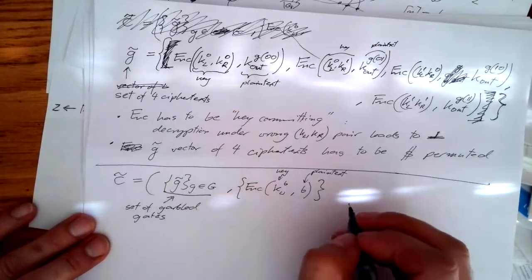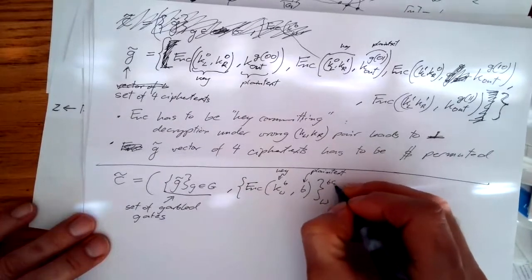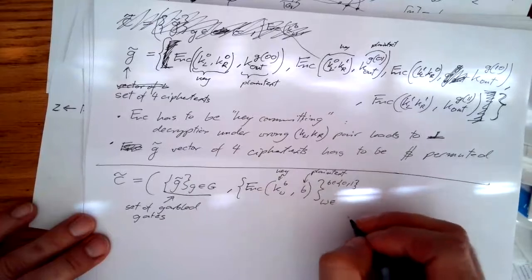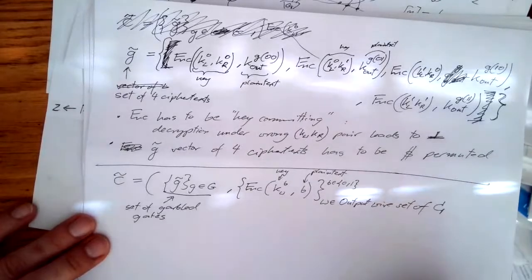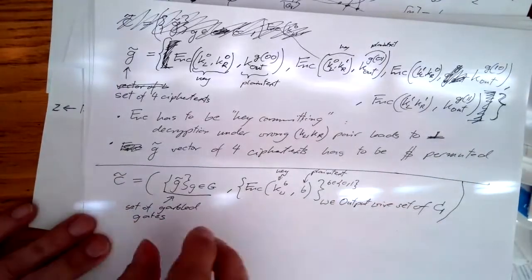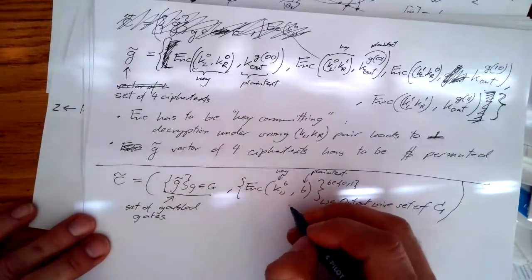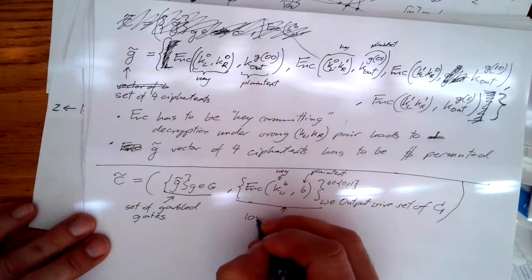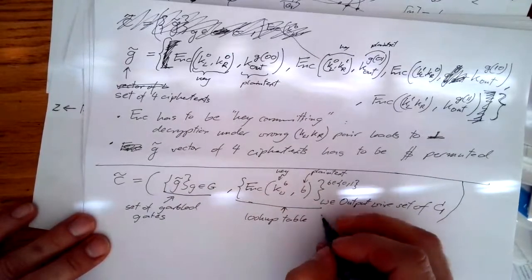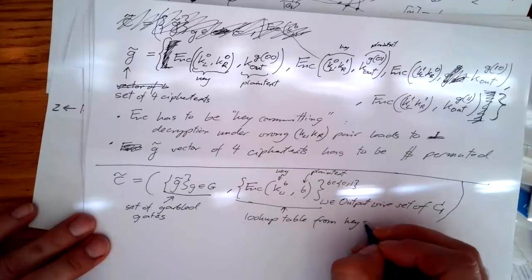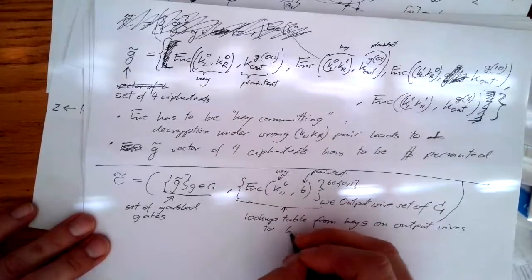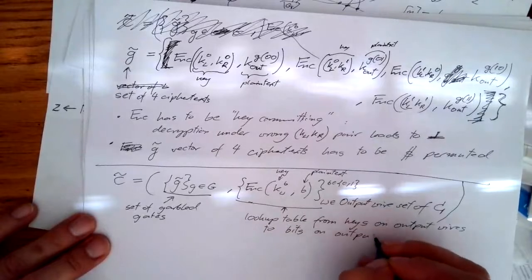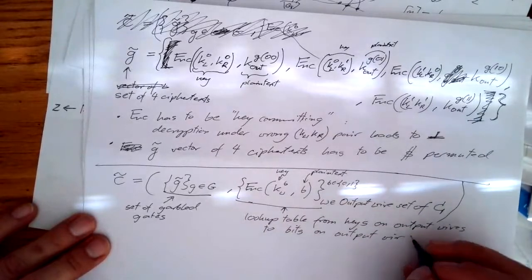And we will do that for all W's, all bits, and all W's in the output wire set of circuit C. Okay, so the garbled circuit is all garbled gates, and this thing that can be called a lookup table, from keys on output wires to bits on output wires.